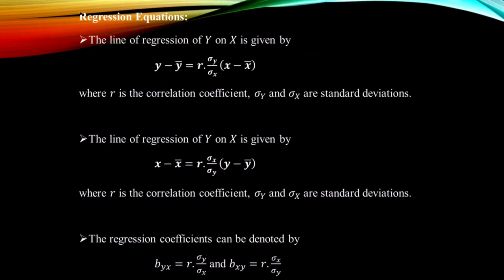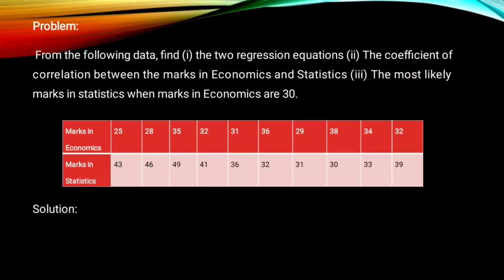Similarly, the regression line of x on y is given by x minus x bar equal to r into sigma x by sigma y into y minus y bar. The regression coefficients are denoted by Byx and Bxy, where Byx equal to r into sigma y by sigma x and Bxy equal to r into sigma x by sigma y.